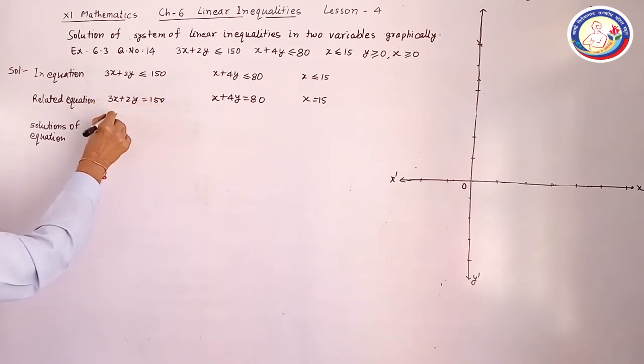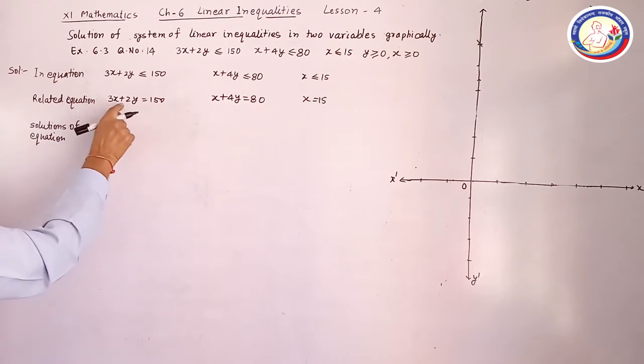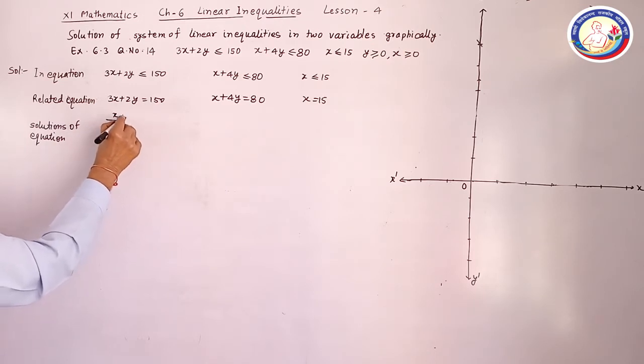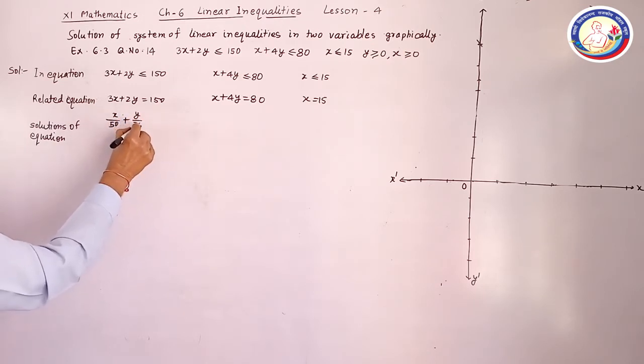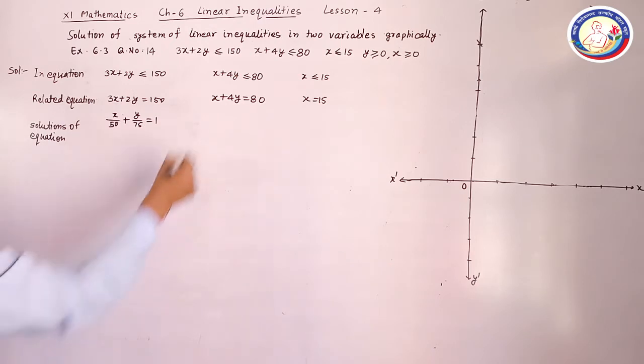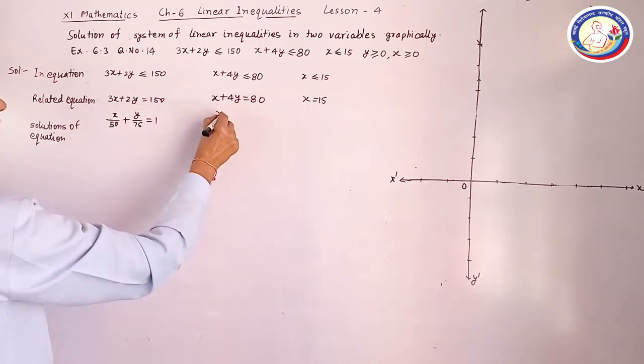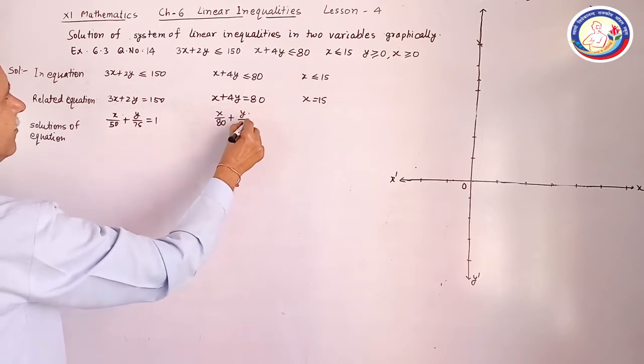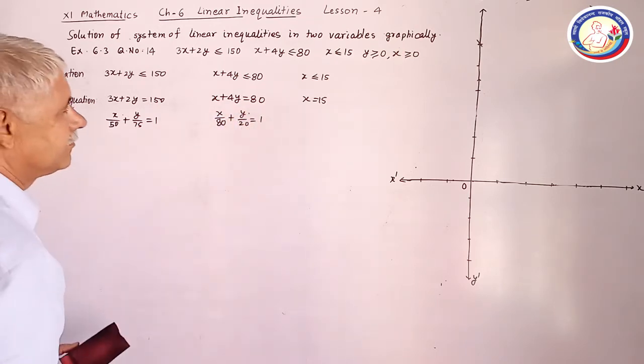This will be x upon 150 divided by 3, it will be 50, y upon 150 divided by 2, it will be 75, equal to 1. And this will be x upon 80 plus y upon 20 equal to 1.